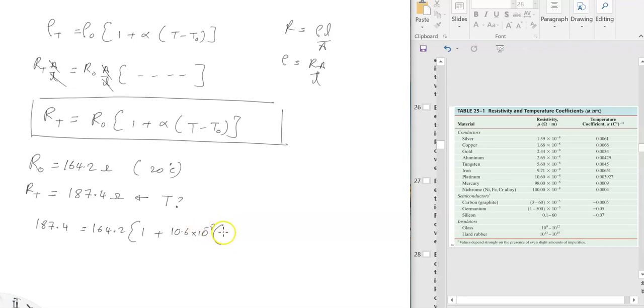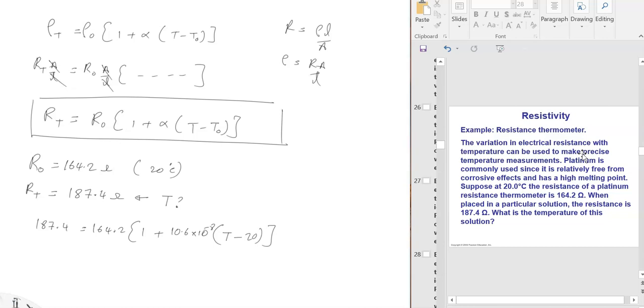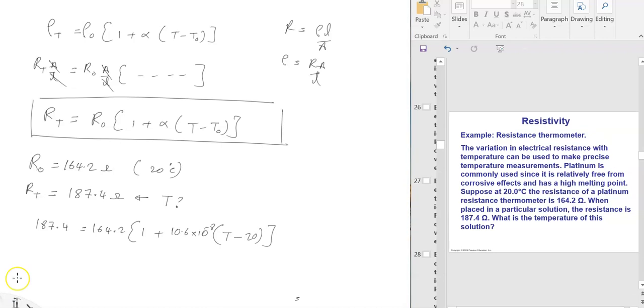Open bracket, T minus. We don't know the temperature now, so we take it as T minus this one, 20. Close the bracket. Now this is what we need to solve for T, and that gives you the temperature of this solution. So I'm going to pause it and then we'll come back with the answer.